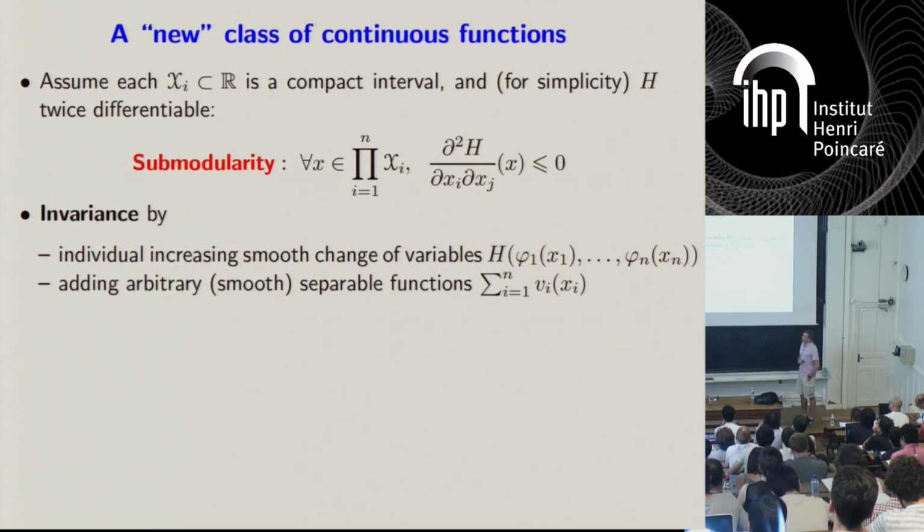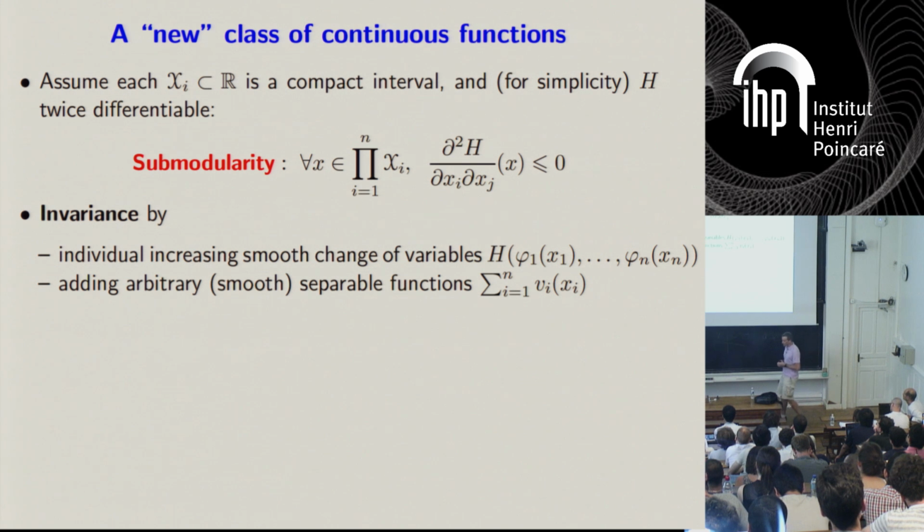Same thing for convex functions: the class is invariant by affine mapping. If you take h and replace it by h of Ax, where A is a linear or affine map, then it is still convex. Here the equivalent for submodularity is if you take any set of functions phi_1 to phi_n which are strictly increasing, so you modify each variable with an increasing bijection, then you remain submodular.